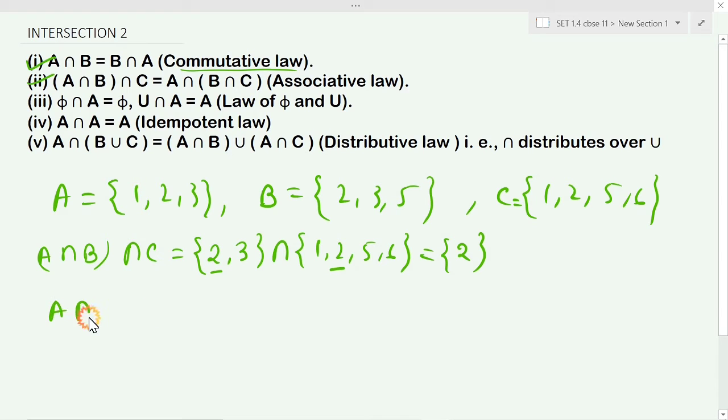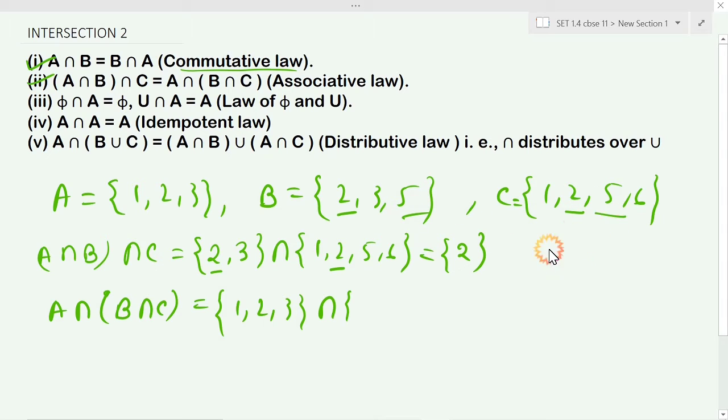Now the right hand side, A intersection (B intersection C). First we write A, that is 1, 2, 3, intersection B intersection C. B intersection C will be 2, 5, because these are the two elements common between B and C. For this intersection there is only one common element, that is 2.